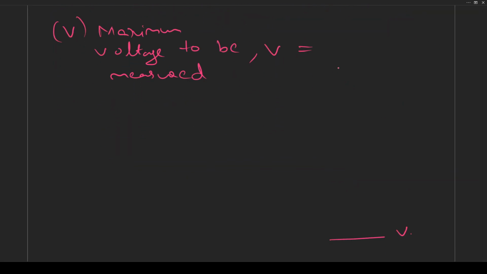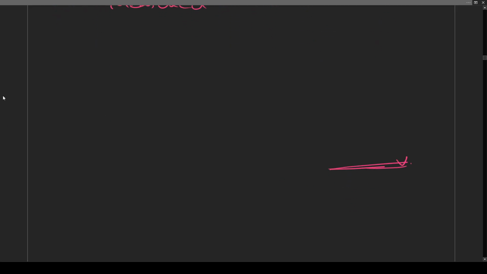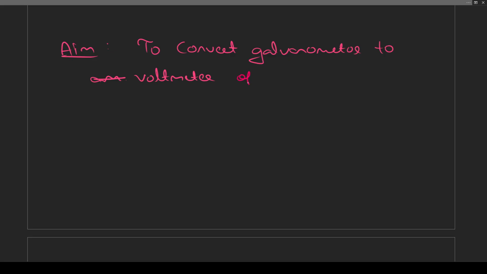Now coming to the aim, there seems to be some glitching here. Don't mind it. Aim of this experiment: to convert a galvanometer to an ammeter, no, voltmeter of desired range.